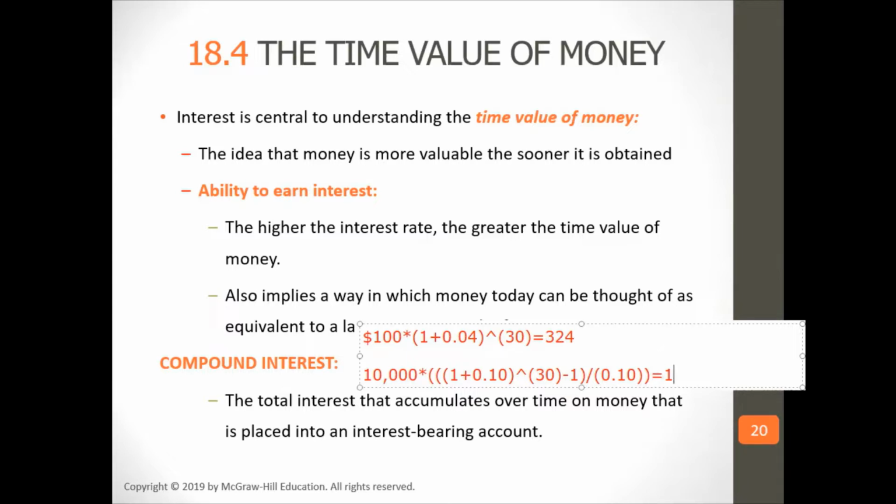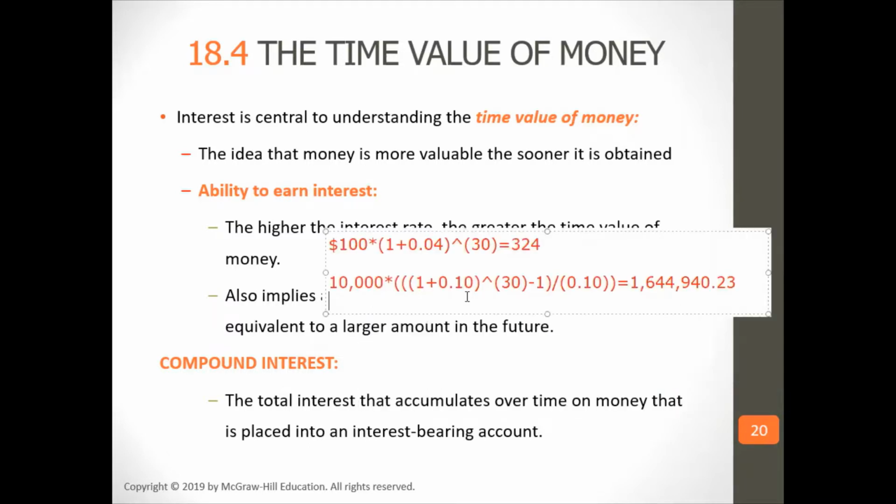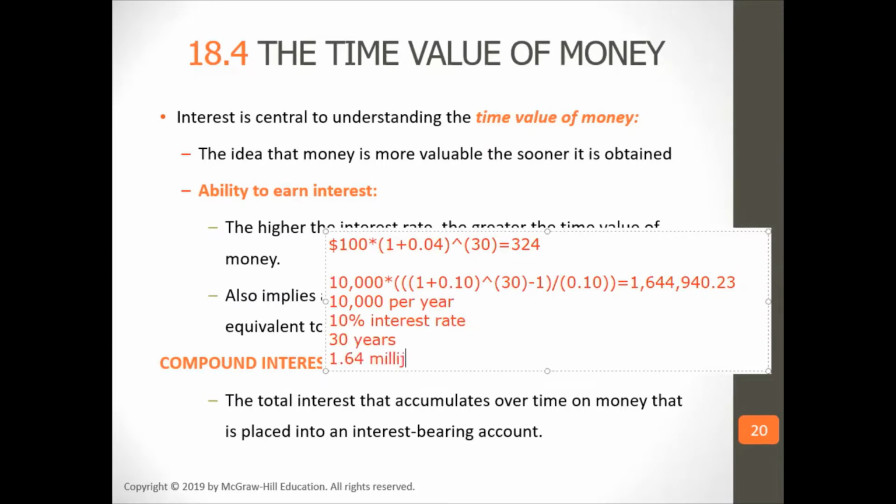After that period, it would become $1,644,940. So if you invested $10,000 per year at a 10% interest rate for 30 years, that would become 1.64 million.